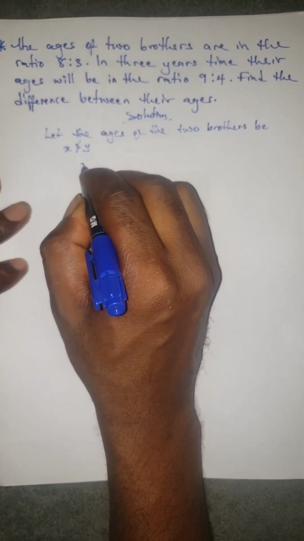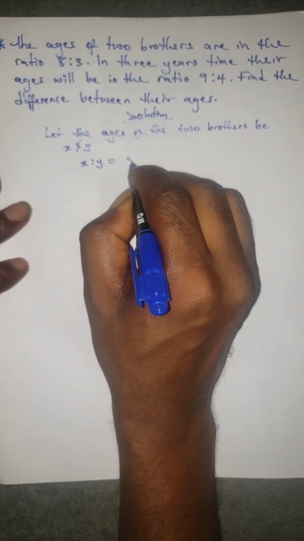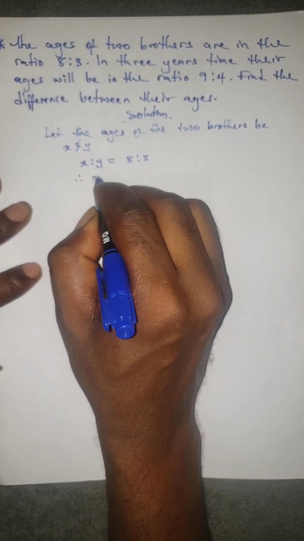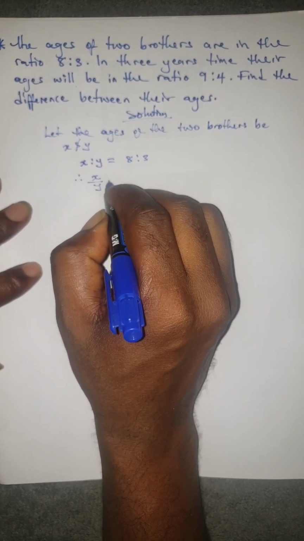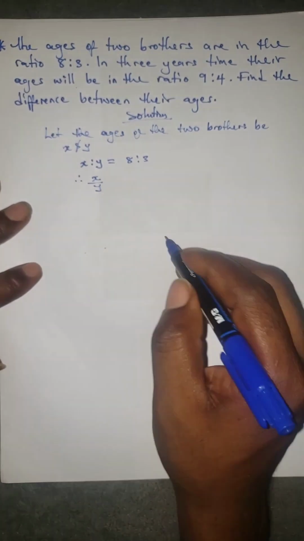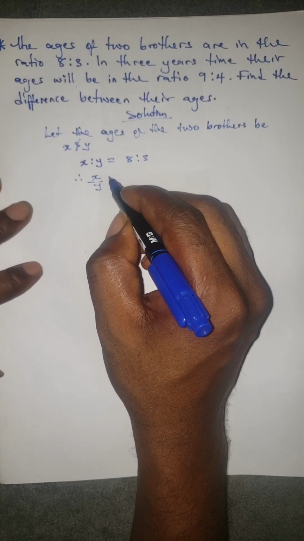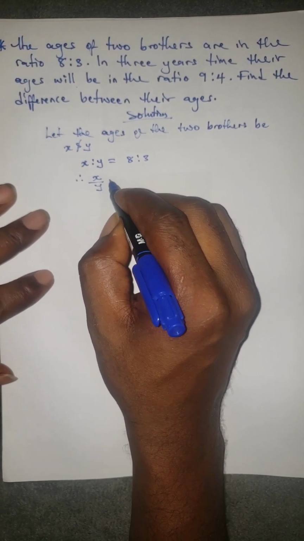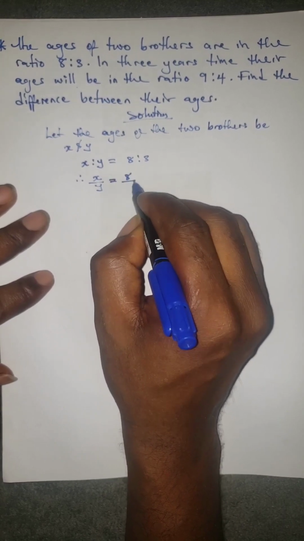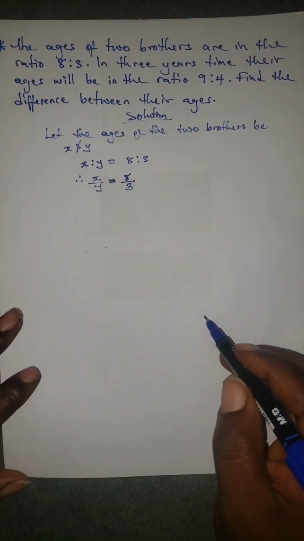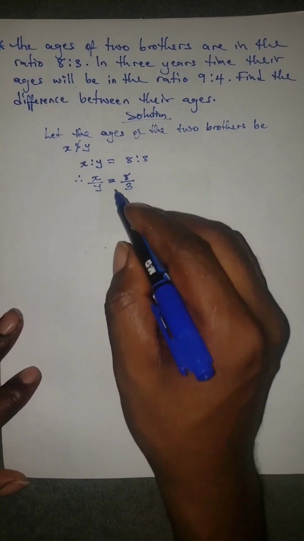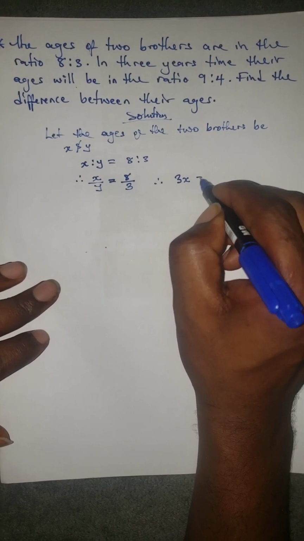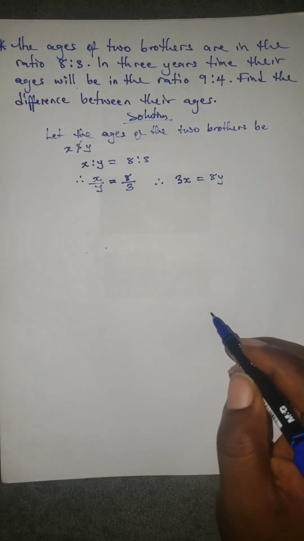So that will give us that x ratio y is the same thing as 8:3. Therefore, we can say that x over y equals 8/3. Now, from here, we can say that 3x is equal to 8y.